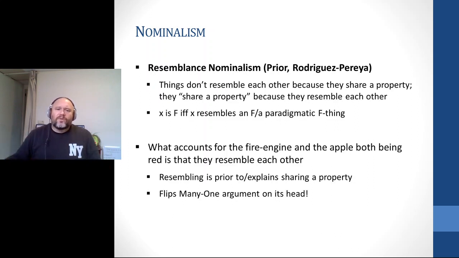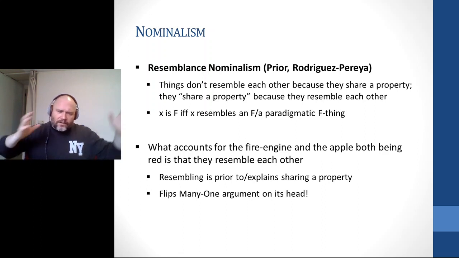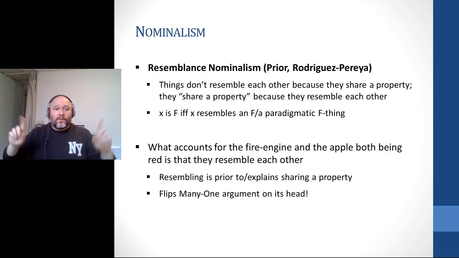So a second version of a limited nominalism is what's often called resemblance nominalism. And this is a view developed by Arthur Pap and more recently by Gonzalo Rodriguez-Pereyra. And again, much like the previous one, resemblance nominalism says there are no properties. I don't believe in properties, I also don't believe in universals.